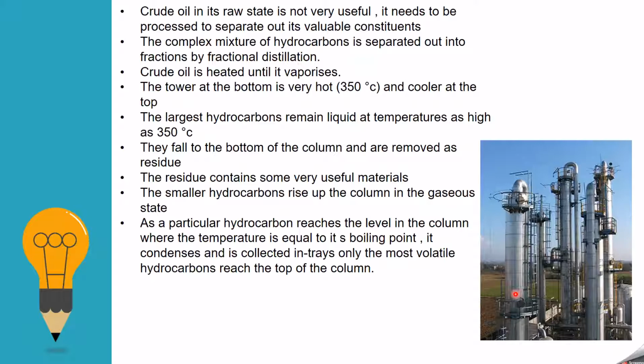The residue contains some very useful materials, and the smaller hydrocarbons rise up the column in the gaseous state, so all the lighter, shorter chain hydrocarbons are near the top. As a particular hydrocarbon reaches the level in the column where the temperature is equal to its boiling point, it condenses and is collected in trays. Only the most volatile hydrocarbons, the ones most likely to evaporate very quickly, reach the top of the column.